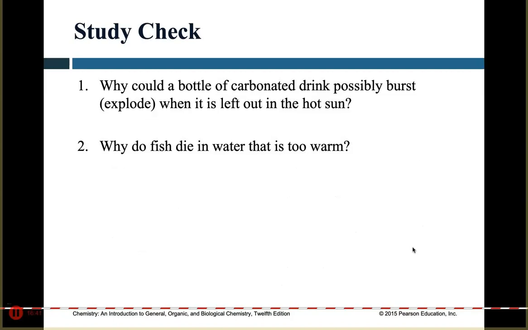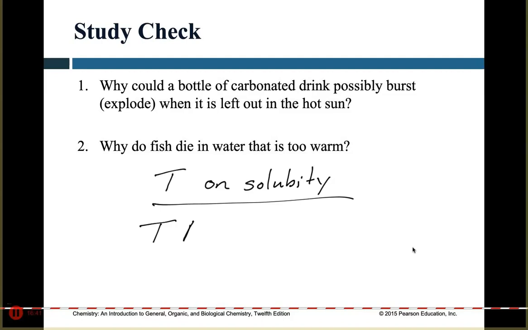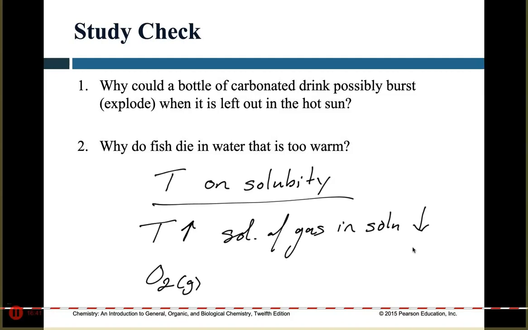And then why do fish die in water that is too warm? Again, we're going to ask the question of temperature's effect on solubility. This is going to be the same explanation. As T goes up, we saw that the solubilities of gases in solution goes down. Well, fish have to breathe something, and they breathe the same thing we do, which is dissolved oxygen gas.